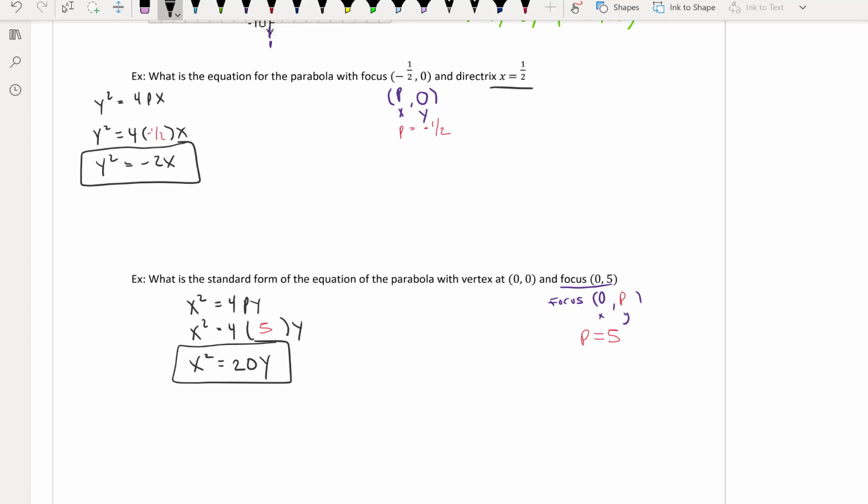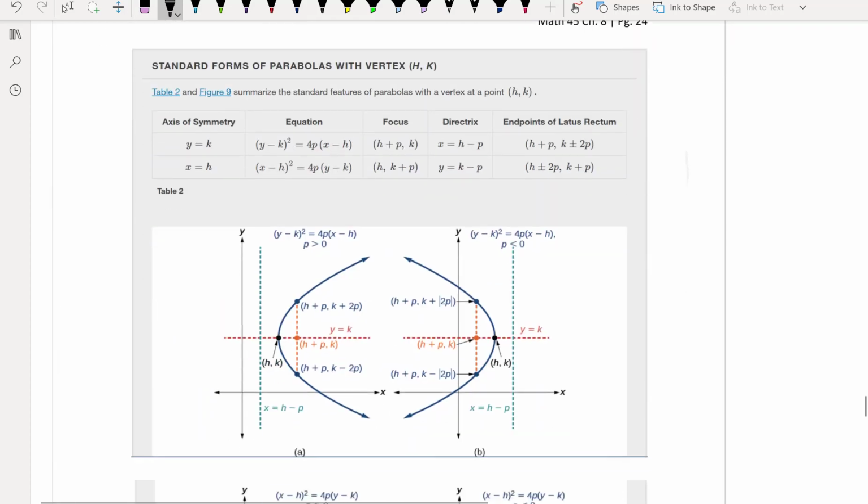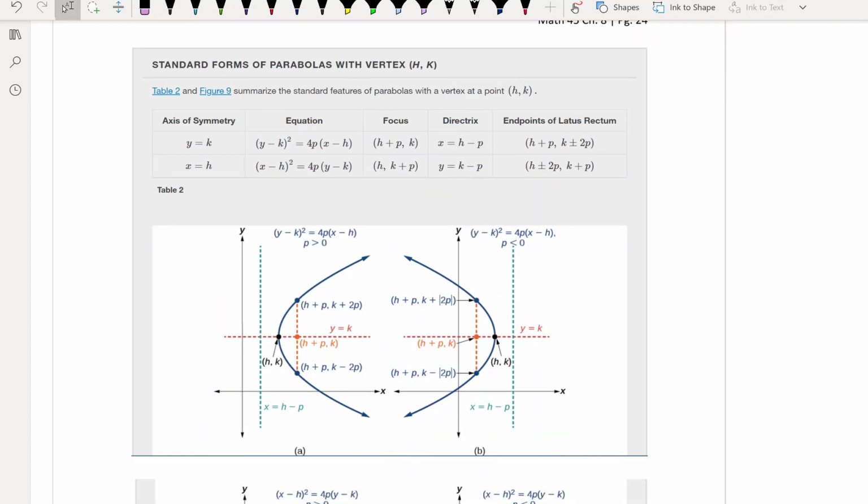Okay. And you might be thinking, well, Cindy, what if the vertex isn't at 0, 0? Well, that brings us to our next page. If we do not have the vertex at 0, 0, but instead we have it at h, k, then this is what we're going to be looking at. So the equation, instead of that y squared, would be y minus k squared. And instead of that x squared, now it's x minus h squared.